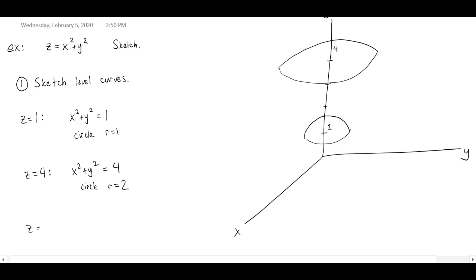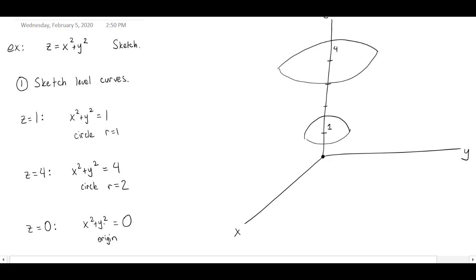Maybe I might just note, if we plug in z equals 0, we get the equation x squared plus y squared equals 0. All right, what would that be? Yeah, you can think of it as like a circle of radius 0. But this is basically just going to represent the origin then. So the only solution is if x is 0 and y is 0.